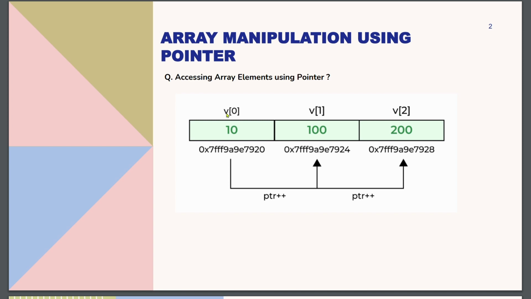The name of this array is b. If we want to print the address of the first index, it might be this, and the address of the 200 value bucket is this.